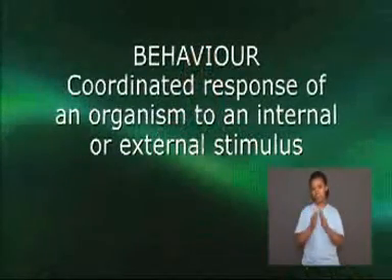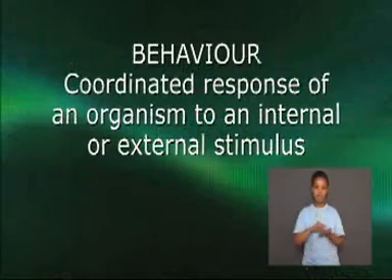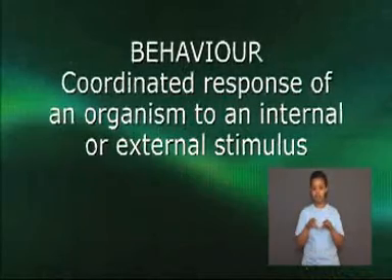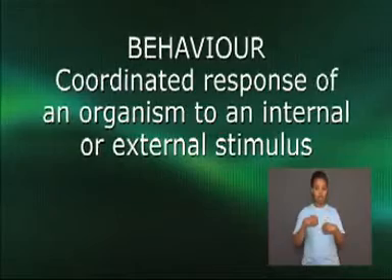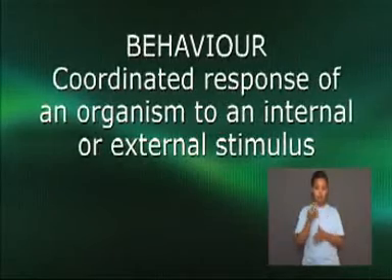Welcome back, students. I am sure everyone remembered this word from our previous lesson. Behavior is defined as the coordinated response of an organism to an internal or external stimulus. As we learned in our last lesson, plants are equipped with ways to respond to stimuli.